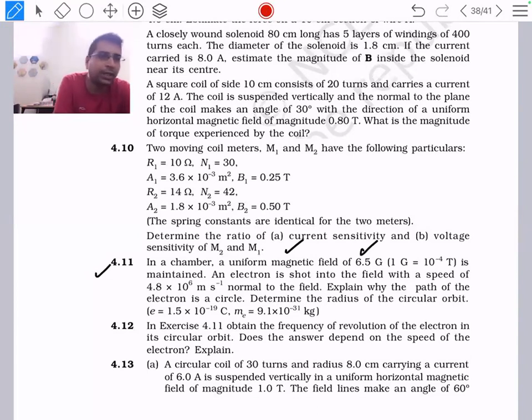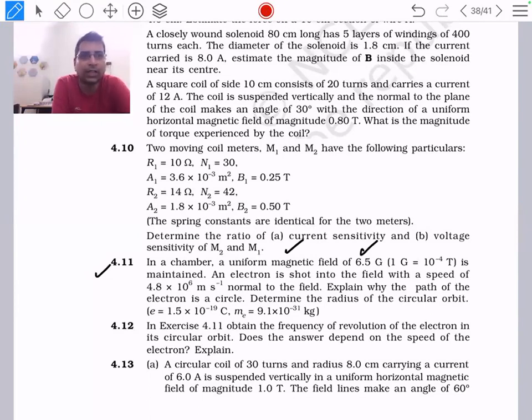For any particle to be in a circular path, what is the necessary force? Centripetal. So if you equate that centripetal force to the magnetic force, you will be able to get the radius of the circular orbit.